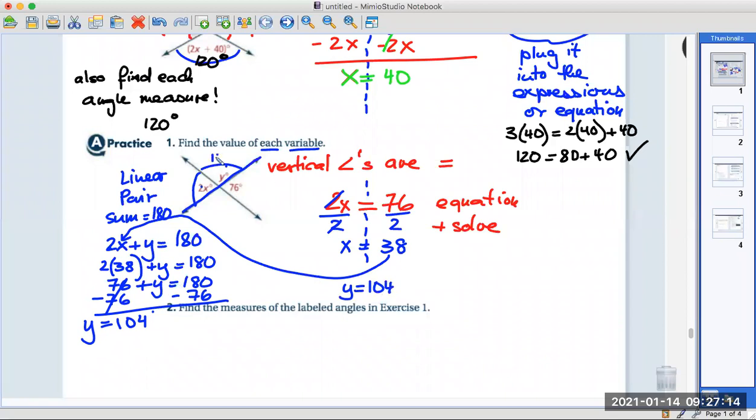So we got 104 degrees. And this one is 2 times x, which is 2 times 38, which is 76. And this one is 76. And then this one would also be 104 because these two are opposite, vertical. And the sum has to be 360, a full circle.